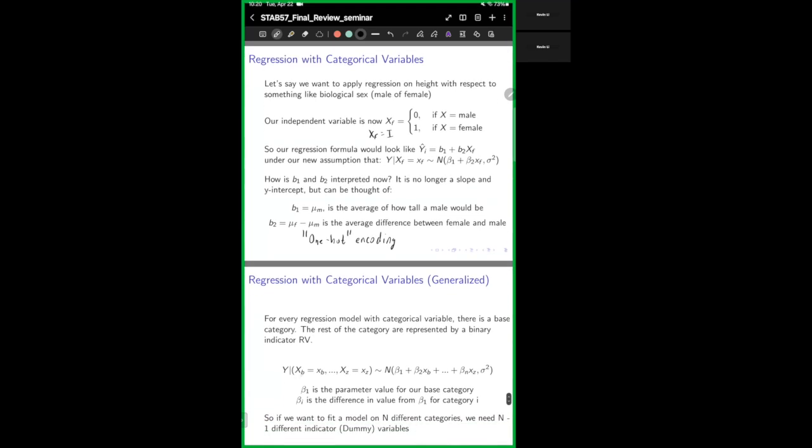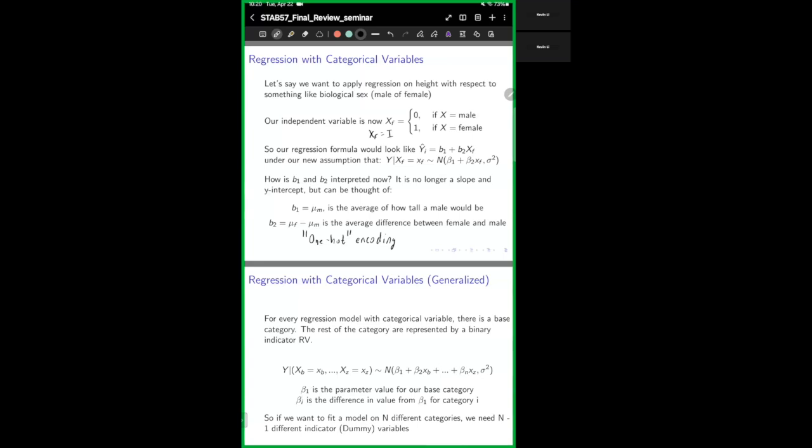We have that y given x b, and so on, x z, is distributed beta 1 plus beta 2 xb plus, and so on, plus beta n xz, and sigma squared. Once again, we still have the same regression representation.